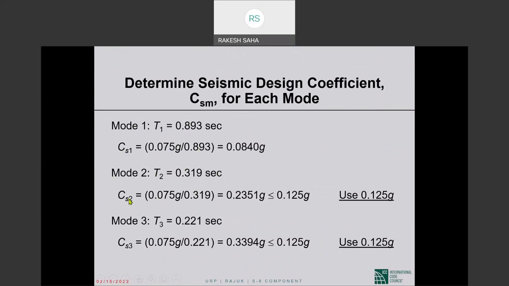So second mode base shear coefficient is 0.075 G divided by the period, which is that, but it cannot be any larger than 0.125 G. So use 0.125 G for the second mode base shear coefficient. For the third mode, the period is so much. So 0.075 G over period is 0.3394 G, which being larger than 0.125 G, we use 0.125 G.